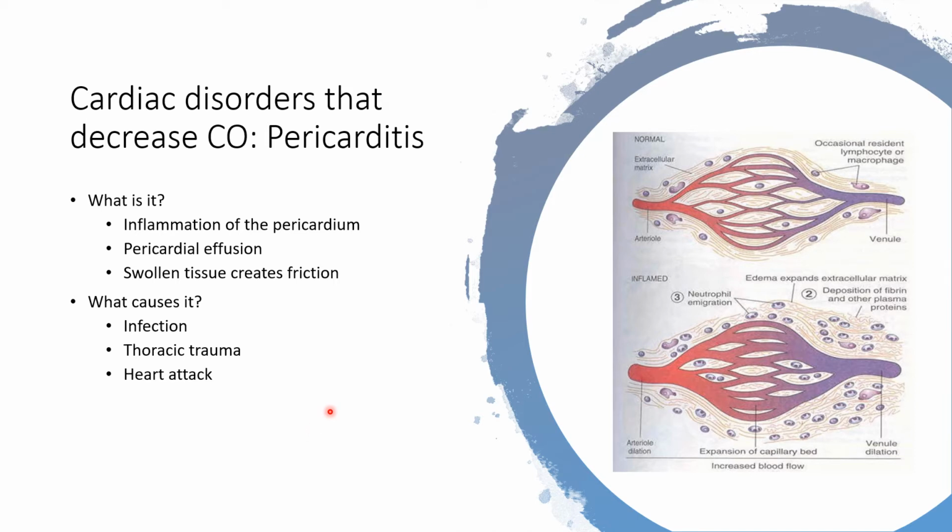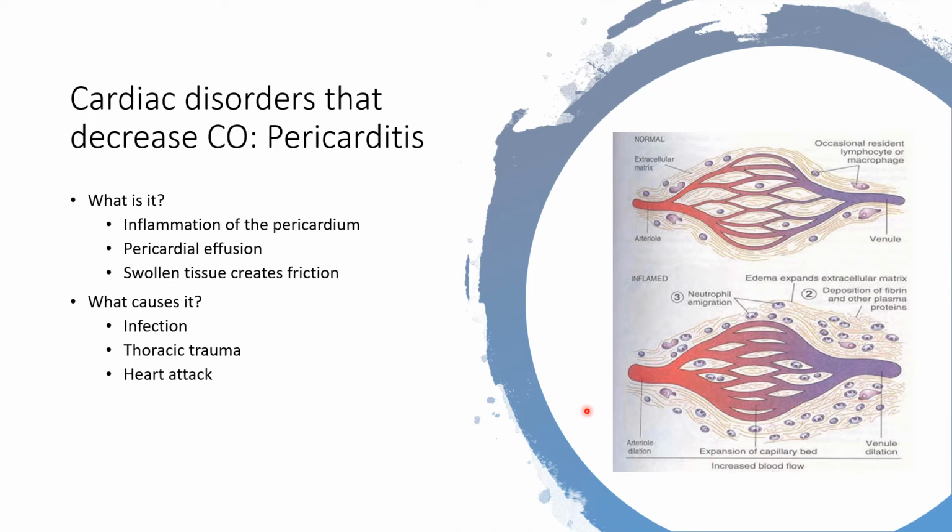So what causes pericarditis? Pericarditis is really going to be caused by several different factors. Infection is probably going to be the most common cause. Usually this begins as a respiratory infection, and then it can get to our circulatory system, causing damage to the pericardium.